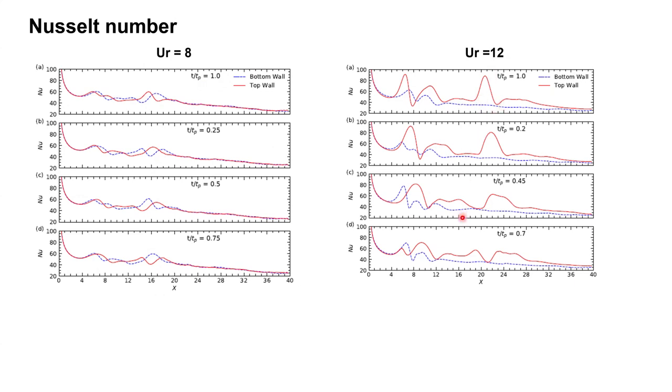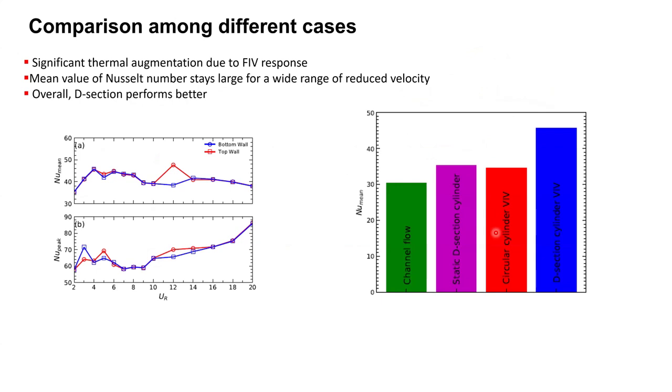And then you have also certain differences in the top and the bottom wall, and that can be explained by the vortex dynamics of the cylinder and the preferential heating of the top wall by the vortices.